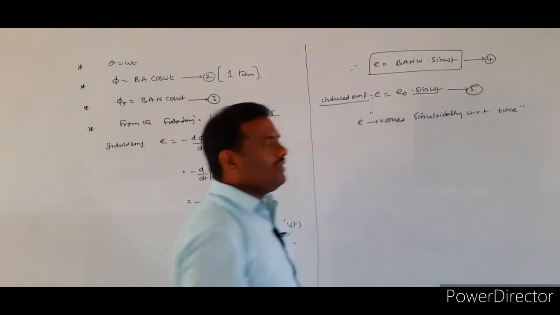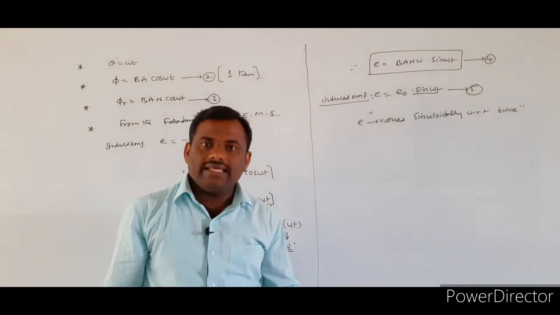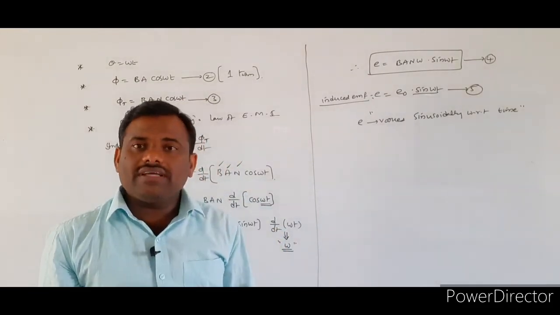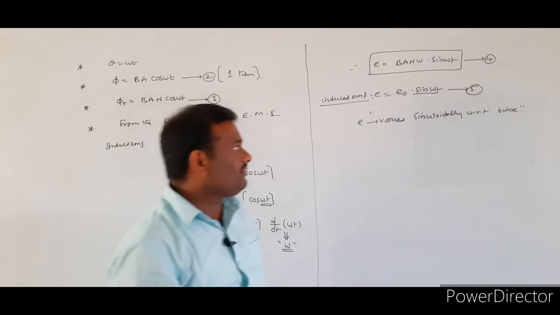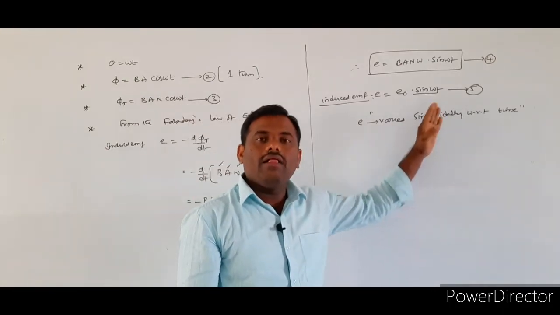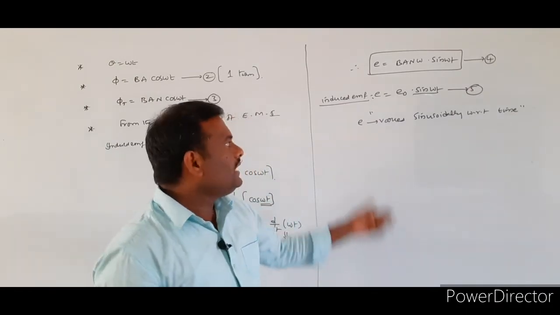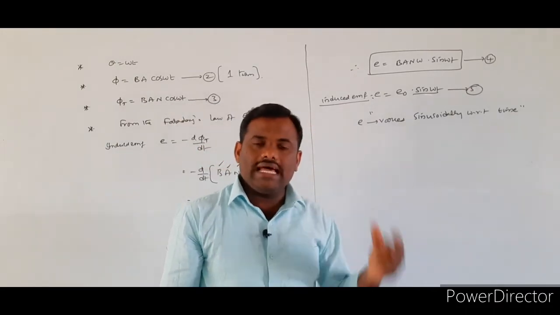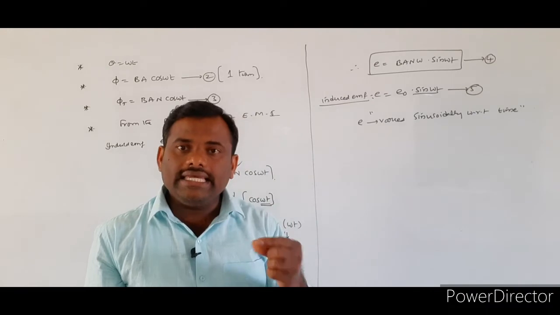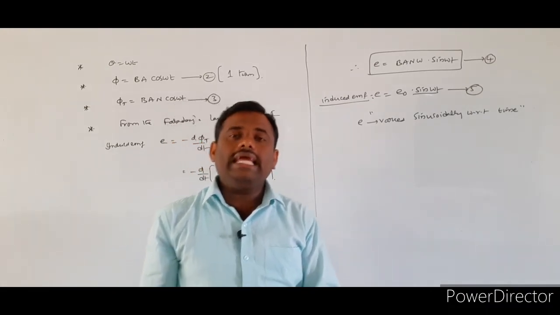So in the next topic we will discuss AC current. If any one of the physical quantities varies sinusoidally with respect to time, we call that quantity either alternating EMF or alternating current.